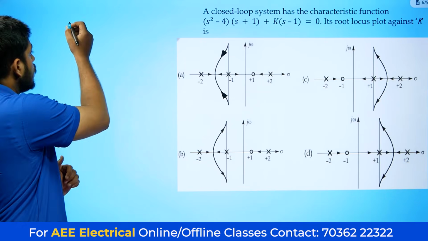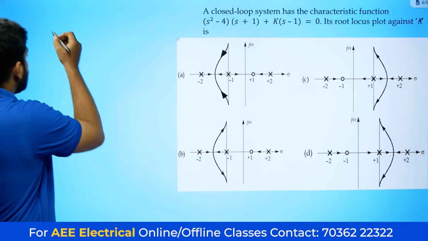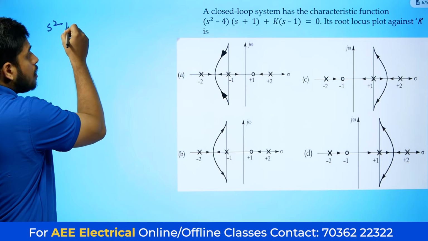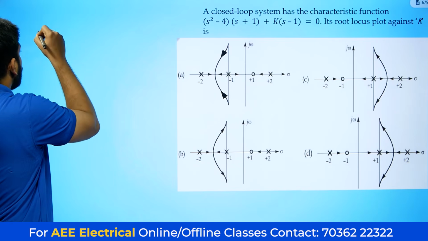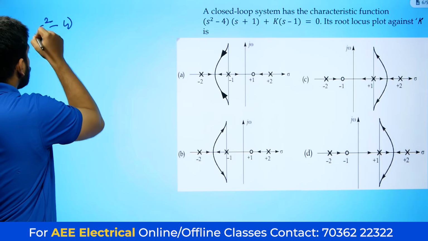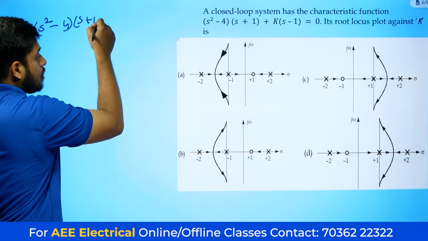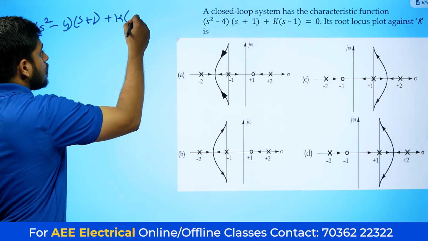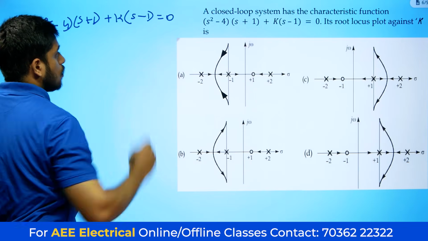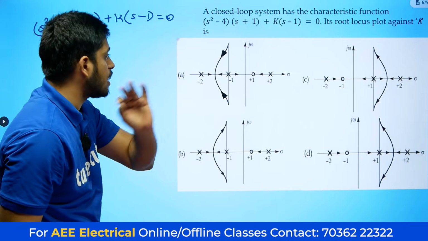We'll first follow the steps, then we'll see what the thing is. So here, considering our equation, s square minus 4 into s plus 1 plus k of s minus 1 is equal to 0. This is our preliminary equation which is given.